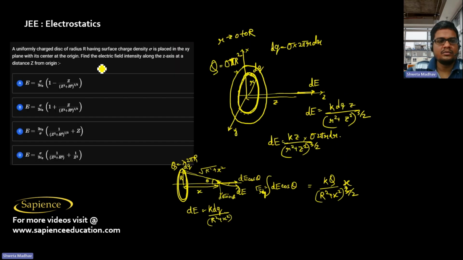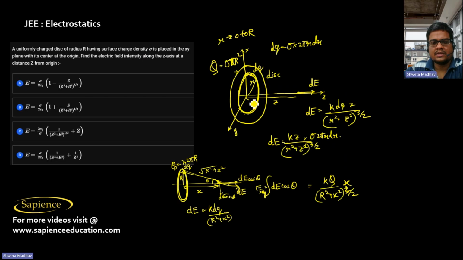Therefore, we have to find the net electric field due to this uniformly charged circular disk. So E will be the integral of dE, and the electric field will obviously be along the axis.